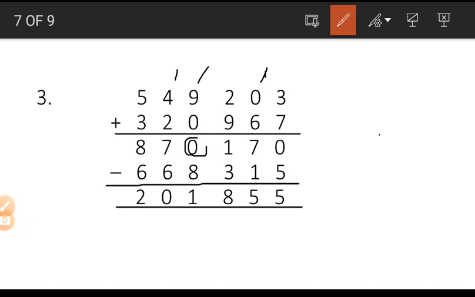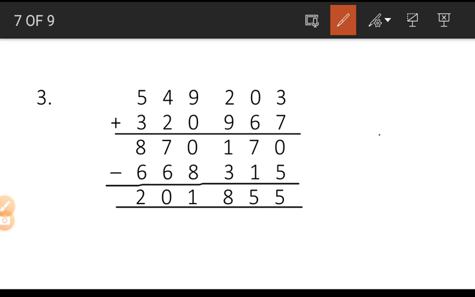So that 1 plus 4 plus 2 is a 7. Finally, 3 plus 5 is 8. Now we have 870,170. Lastly, we will do the subtraction.